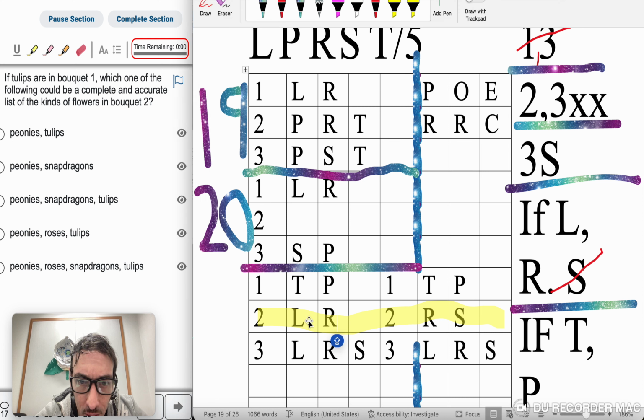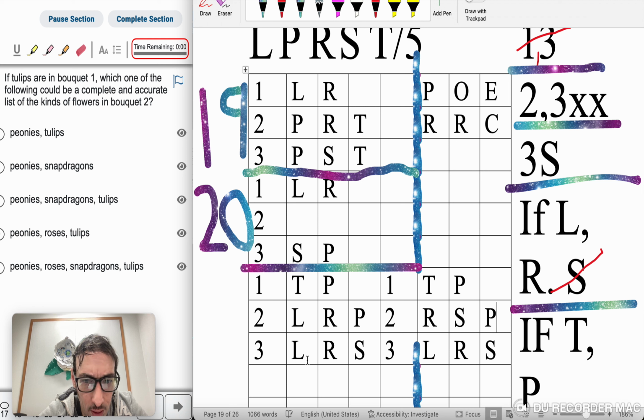So there could be an L. There could be an R. Also, since P, 1 and 2 can have the same kind, so we can put a P in here. And I think that's what we're missing right now in this world. Just put a letter P. Alright, and it just says if a T, there's a P. It doesn't say if a P, a T. So let's use this one right now.